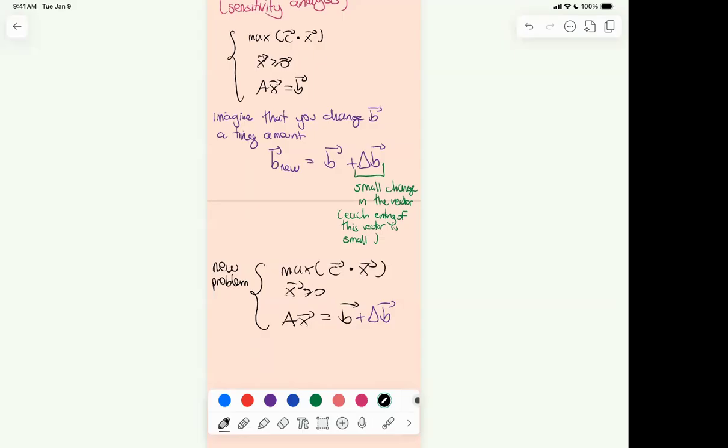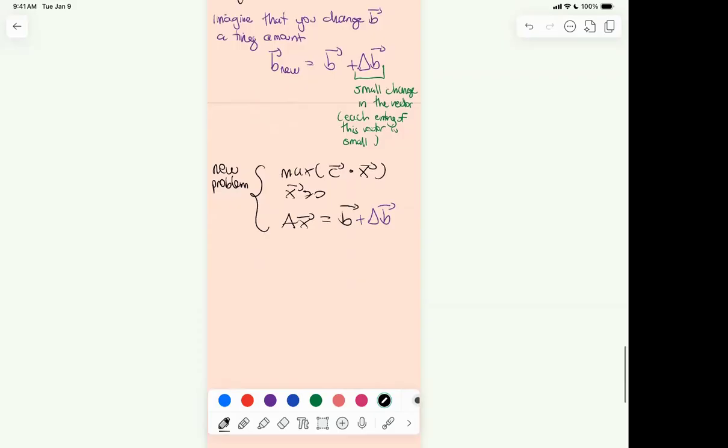Is that okay? Imagine each of the problems has a max. We're in the bounded case, so there's not an infinite solution for the max. If there's a max for the first problem and a max for the second problem, how much do the values at those maxes differ? Let me write that question like this.